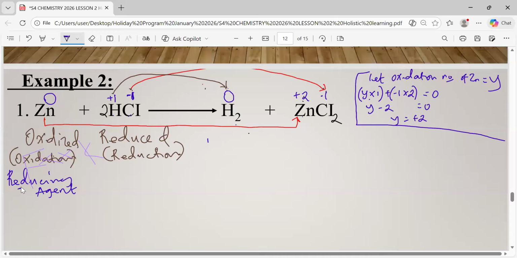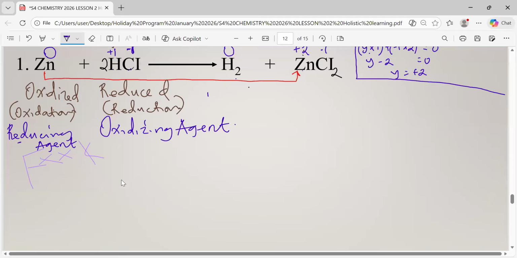So it is giving an electron to this one for it to become stable. It causes the other one to gain electrons. So hydrochloric acid becomes an oxidizing agent. Okay, can we write the half equations?